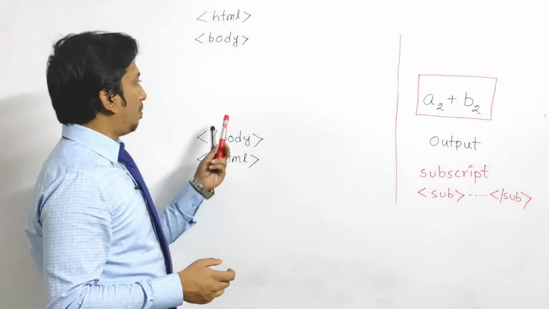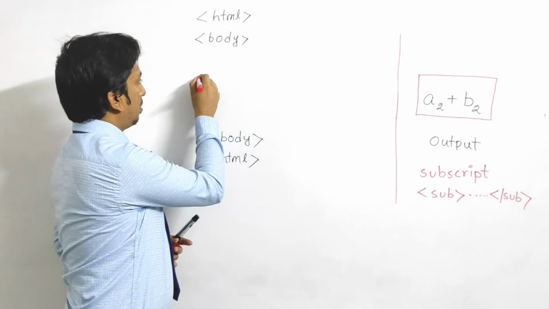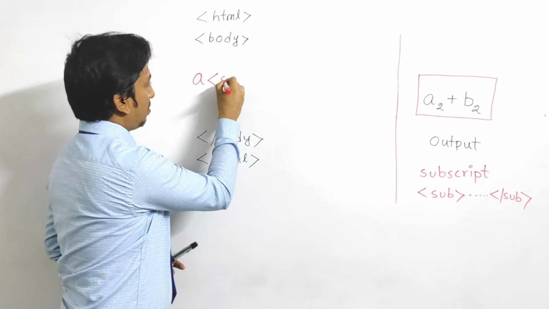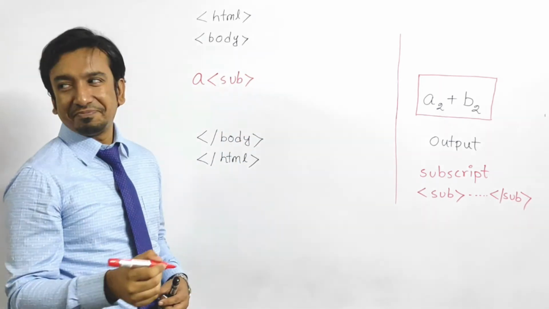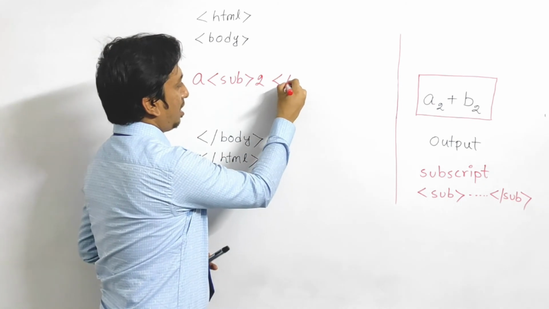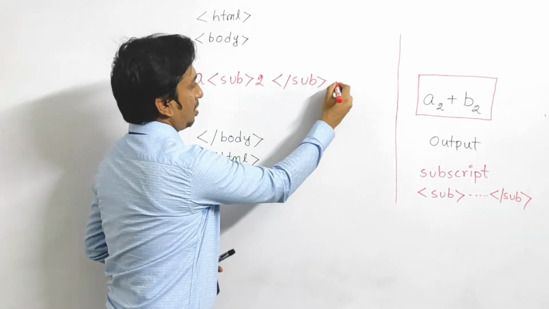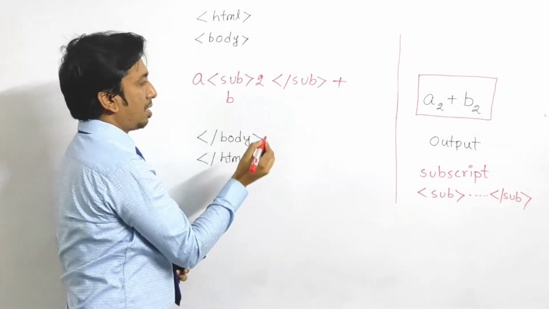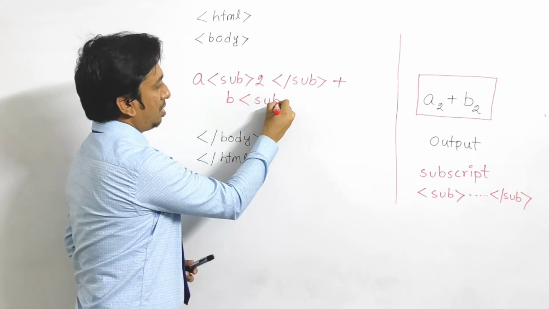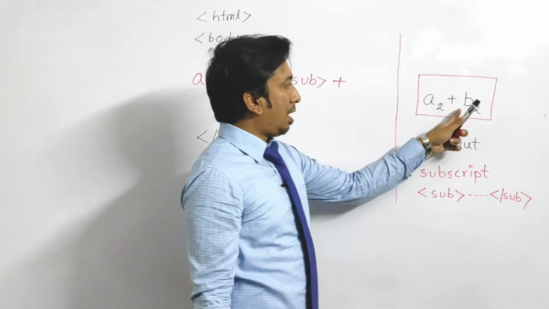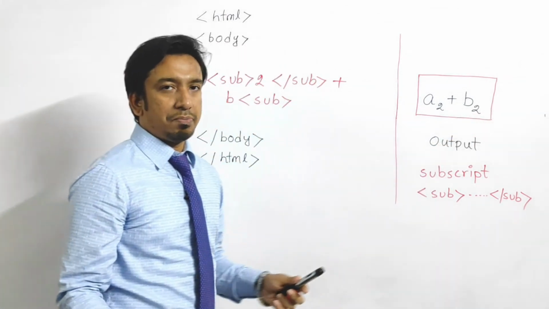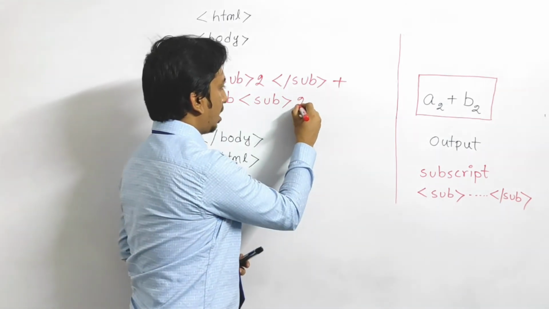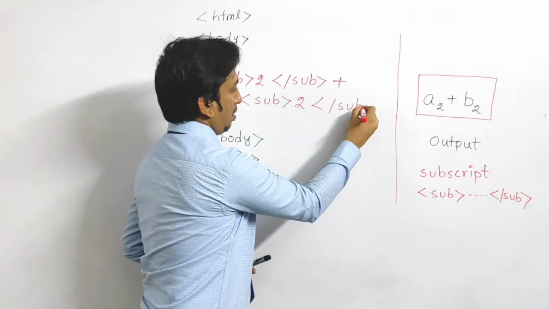So now write normal a, then write sub, and then write 2 and then close sub, then plus. Then write b, then write sub again. Why? Because after b we can see 2 is base format, so for base 2 you have to write sub and then 2 and then close the tag.